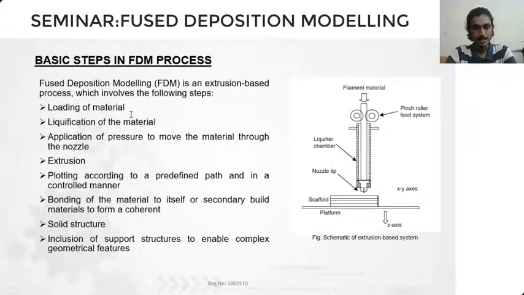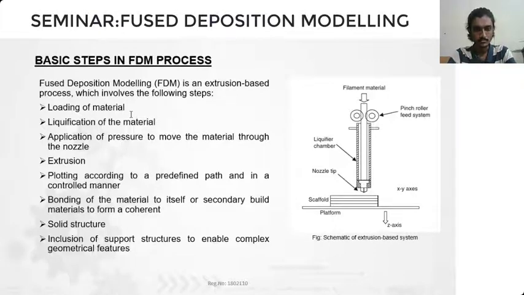Then to see the basic sequential steps of the FDM process. First, the loading of material takes place, followed by liquefaction of the material by the help of heating coils. Then by applying pressure, it is pushed through the nozzle onto the printer bed.